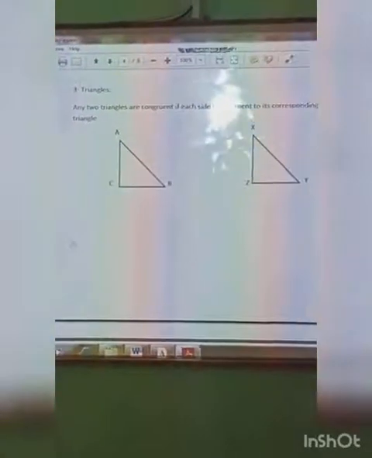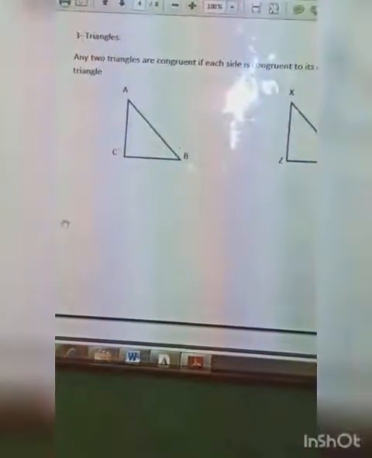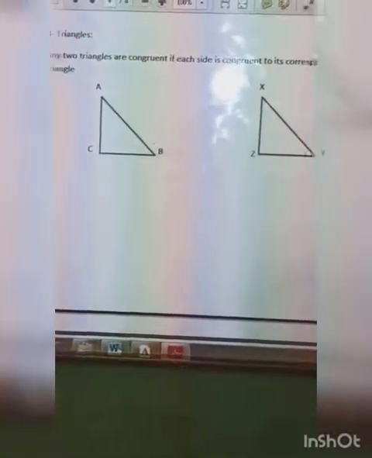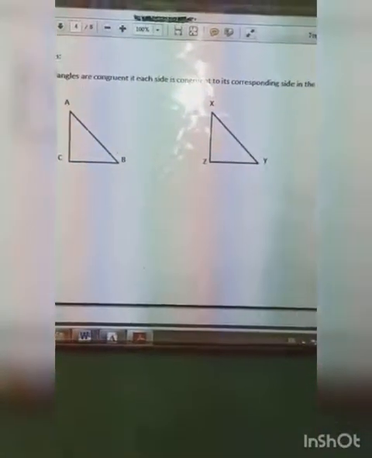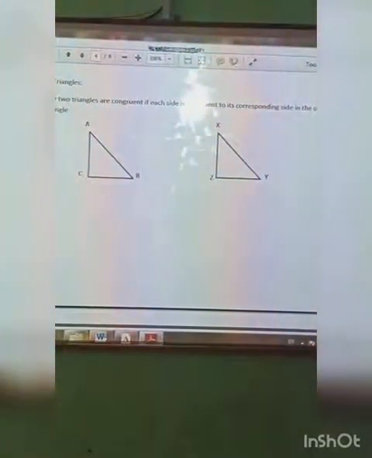The third case is for triangles. Any two triangles are congruent if each side is congruent to its corresponding side in the other triangle. Here I want to prove only the condition of the sides.